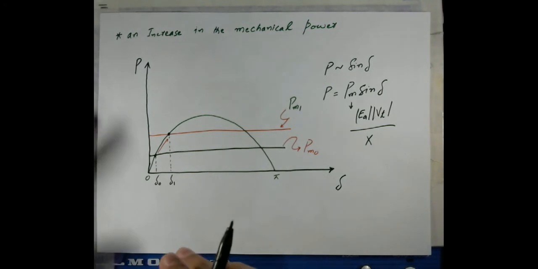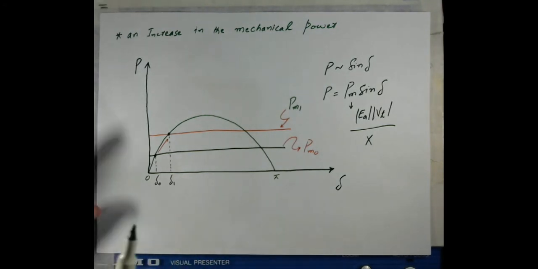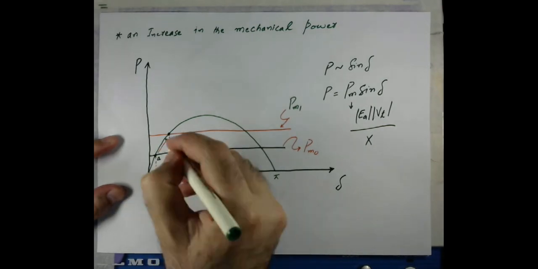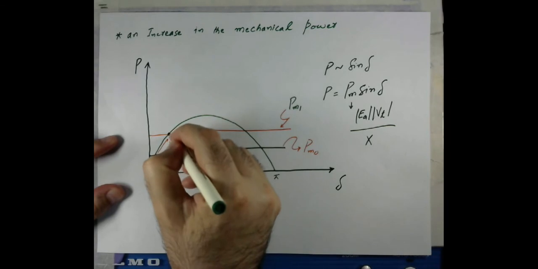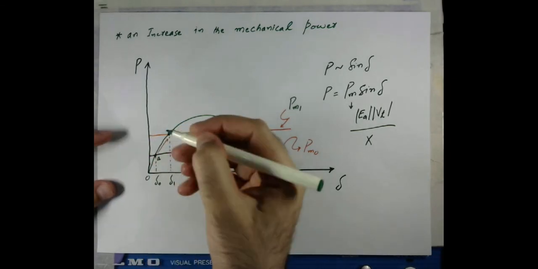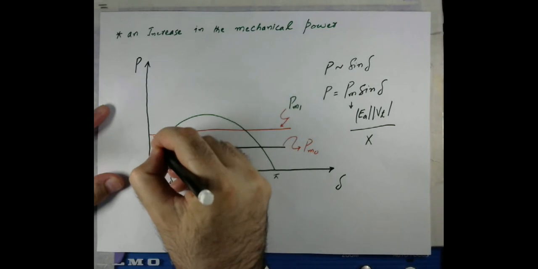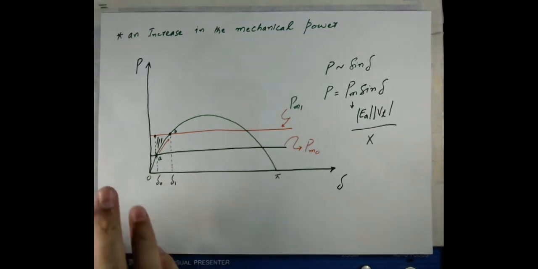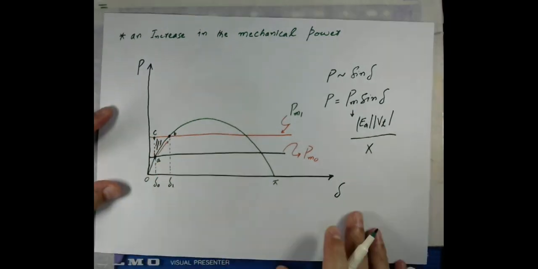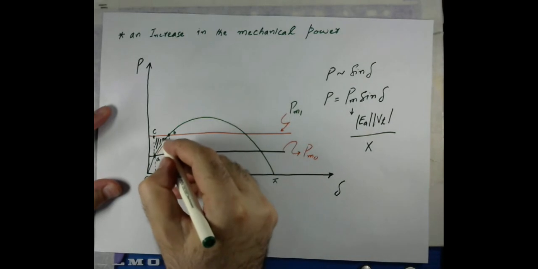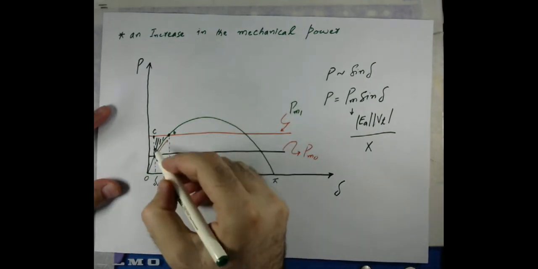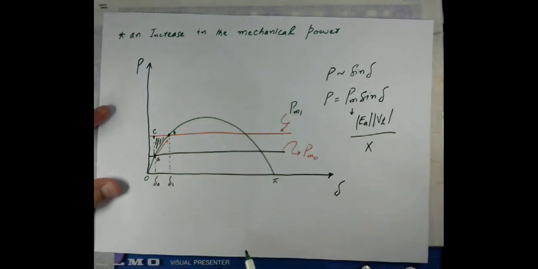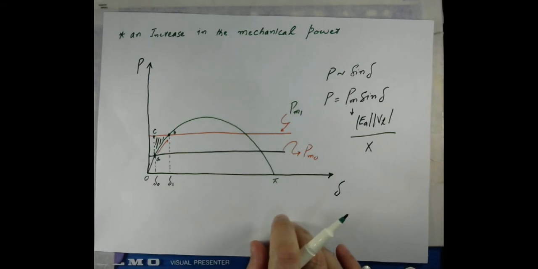Now let's call the point where we start from point A, this point B, and this point C. Because the speed of the machine increases, let's call this area A1 the accelerating area.